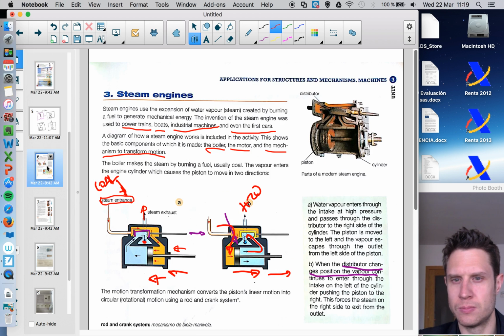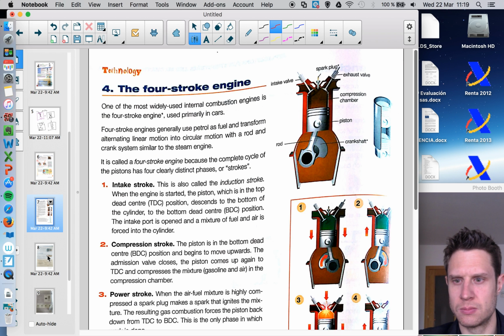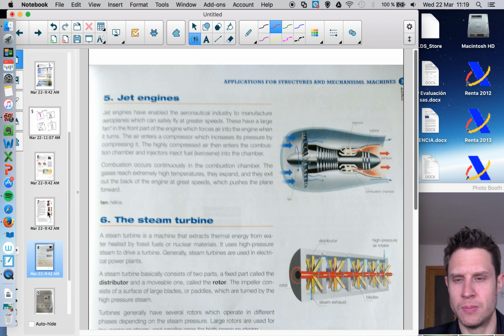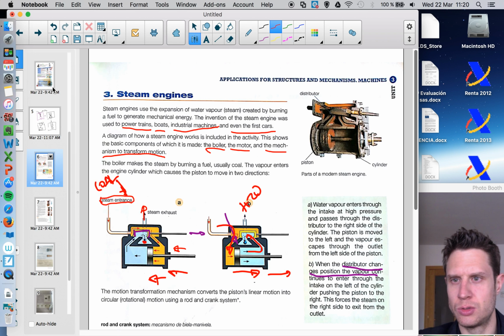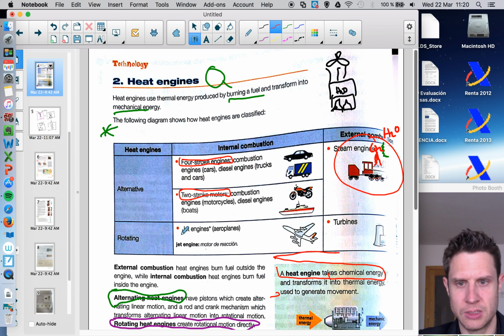And then the other ones, the jet engines and the steam turbine, I will explain later on. The two-stroke motors are very basic compared with the four-stroke.